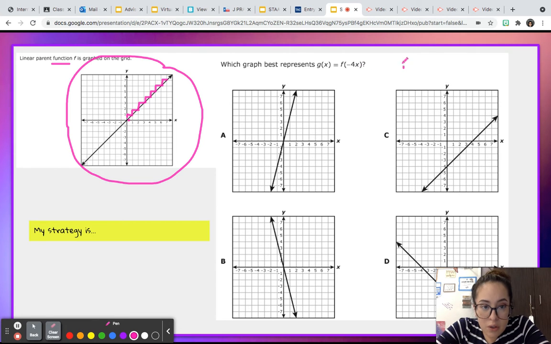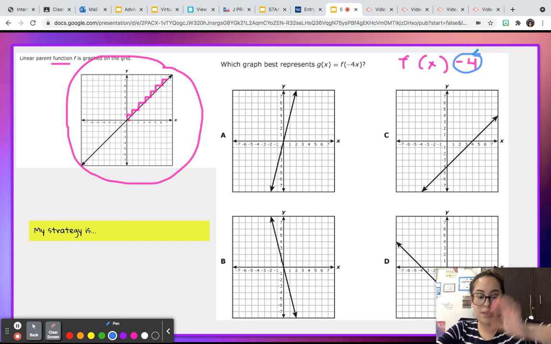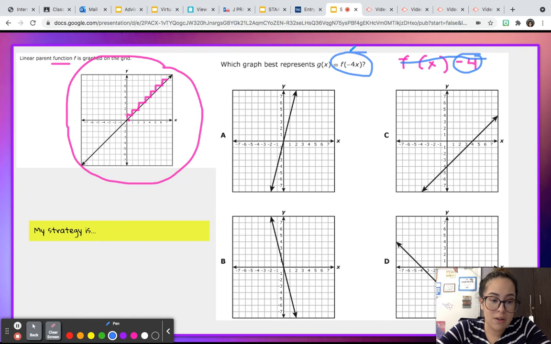You can have instances of f of x with a number outside. When you have a number outside, that means there's a vertical shift along the y-axis, because think of the y-intercept. But it doesn't show it like that. It shows a multiplication, which we should identify as slope.